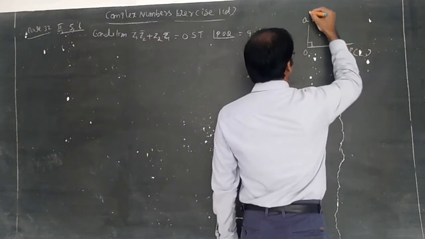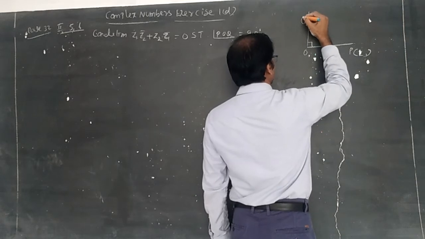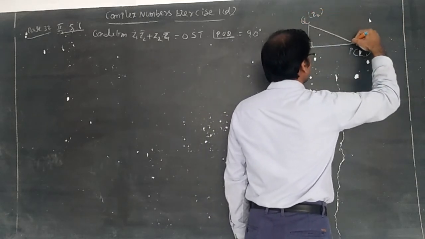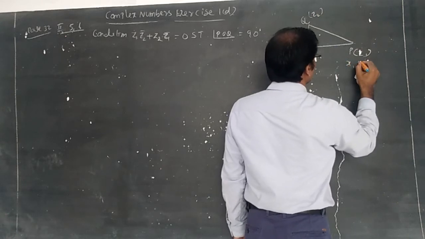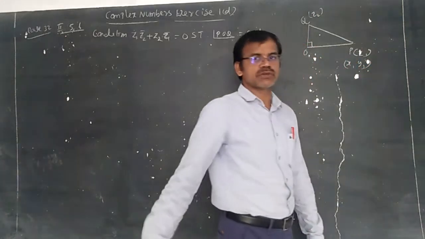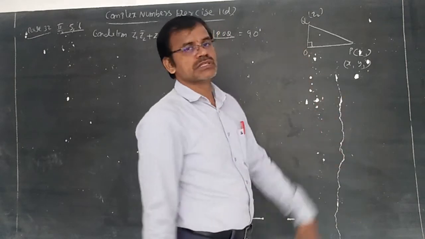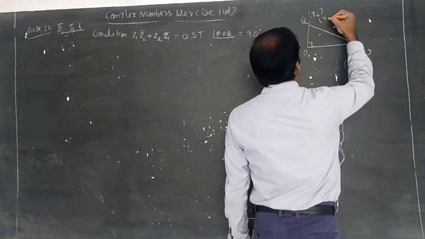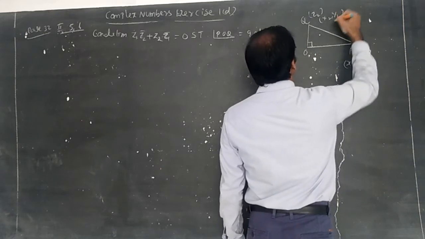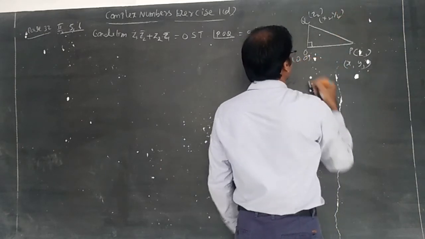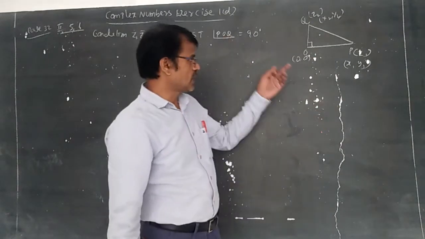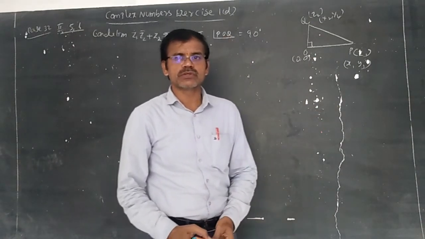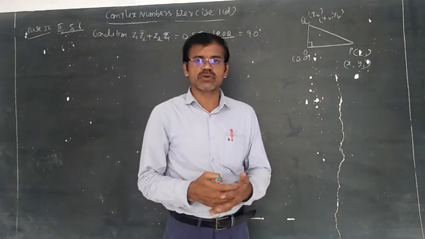Write in the bracket Z1 for P, and for Q within the bracket Z2. So Z1 is x1 comma y1, that is Z1 is equal to x1 plus i y1, and Z2 is equal to x2 plus i y2. Like Cartesian coordinates, you can write x2 comma y2, and O means origin 0 comma 0. We need to prove the angle POQ is equal to 90 degrees, that is, slope of OP into slope of OQ is equal to minus 1. We should prove it.